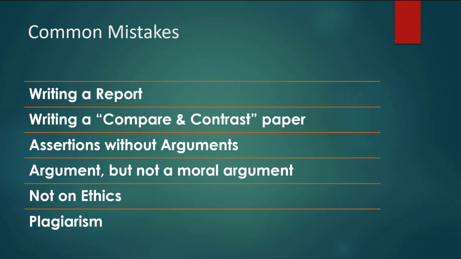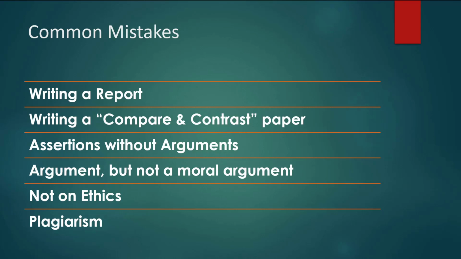Another common grade killer is the paper is just not on ethics. It's on something else. Again, it could be about legality. It could be about religion, using religious points or legal points, or it could just be not even close to any normativity.